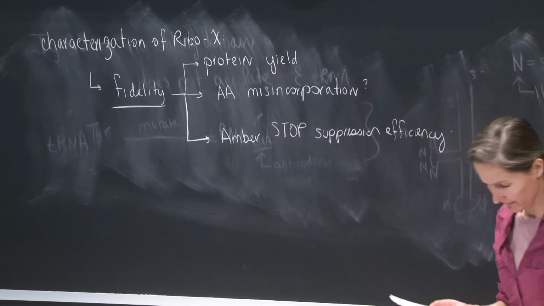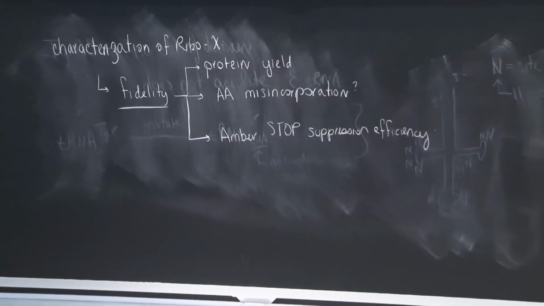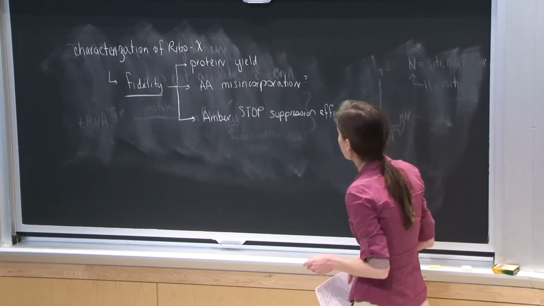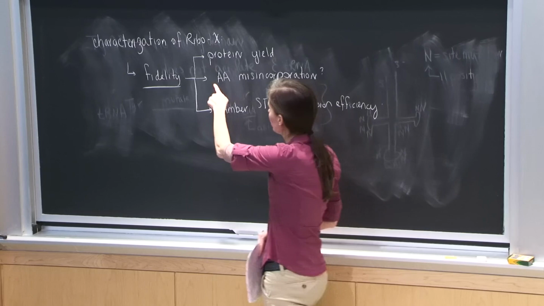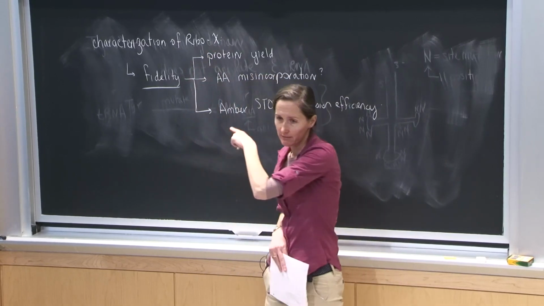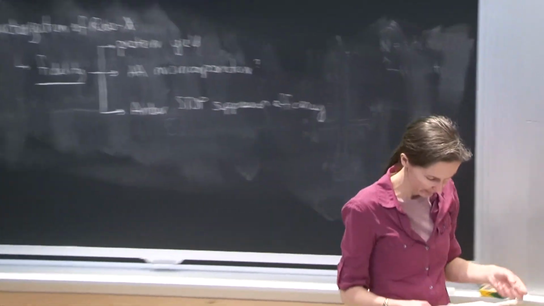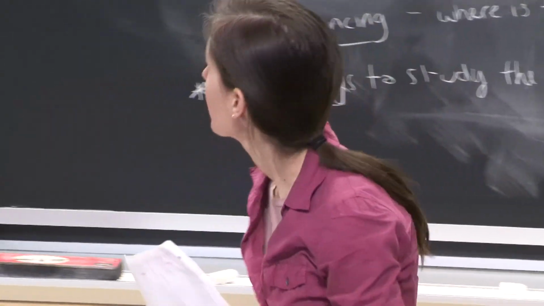Okay. And so in thinking about this, what is the point of comparison? We can imagine in all of these comparing this new orthogonal ribosome, riboX, to the starting orthogonal ribosome. So what are the experiments?